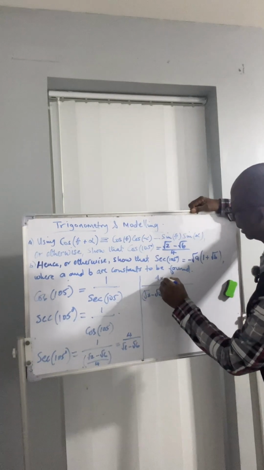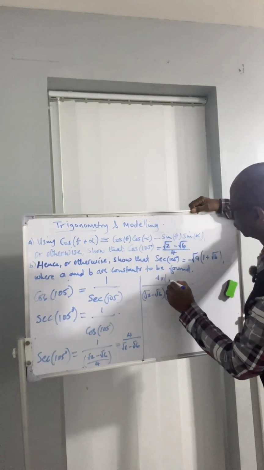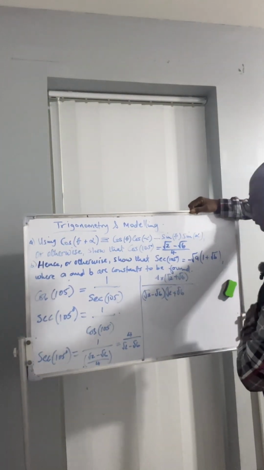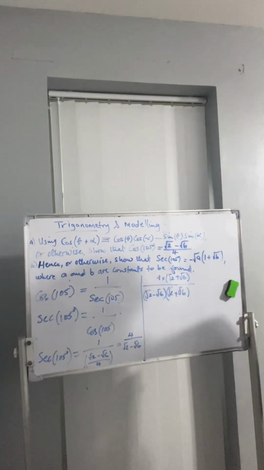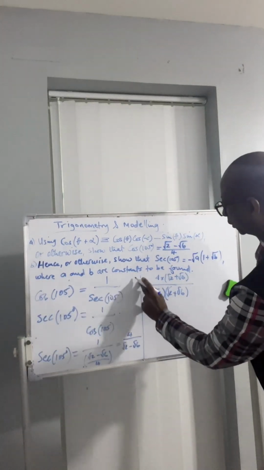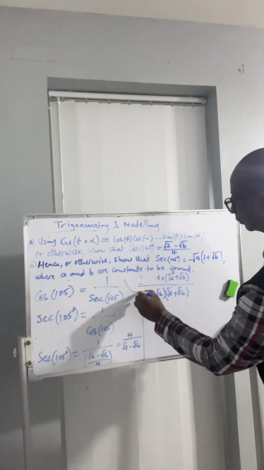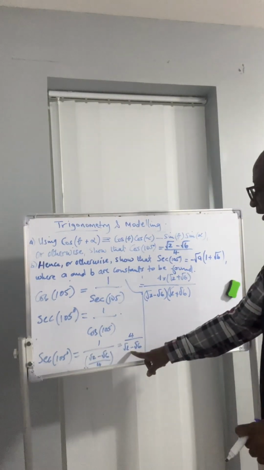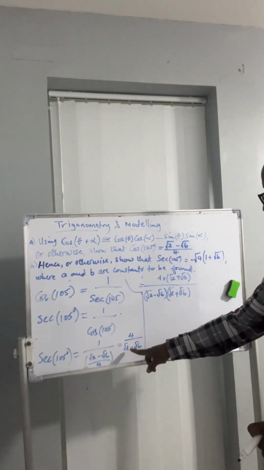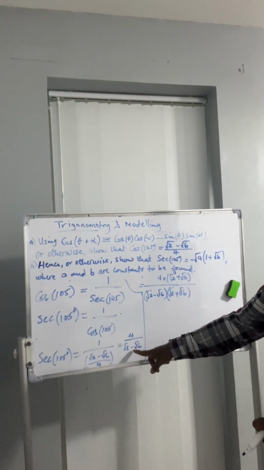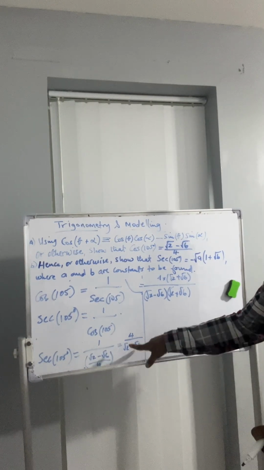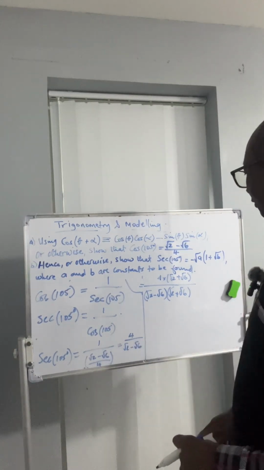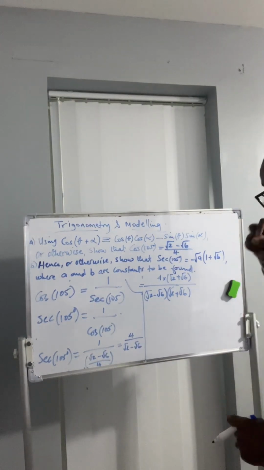This is what we call conjugation. We conjugate this one here by changing the minus sign to a plus sign, and then we multiply top and bottom by that new number, which carries the plus sign.